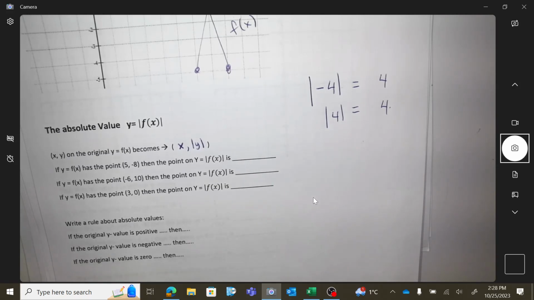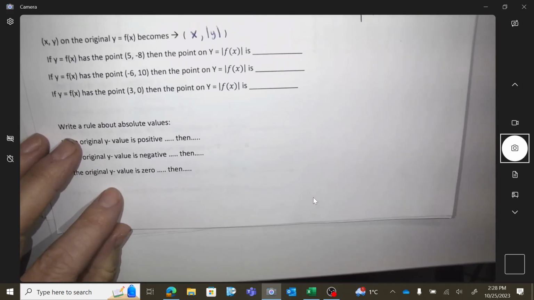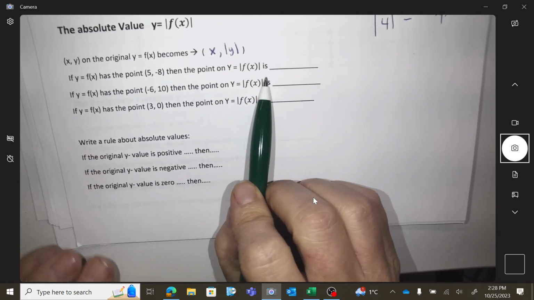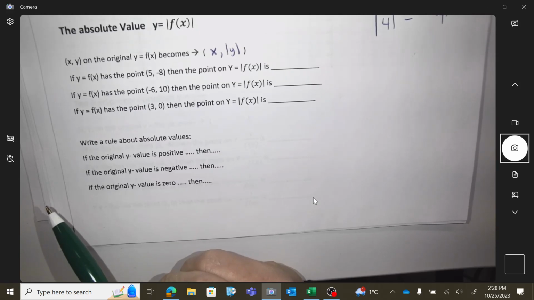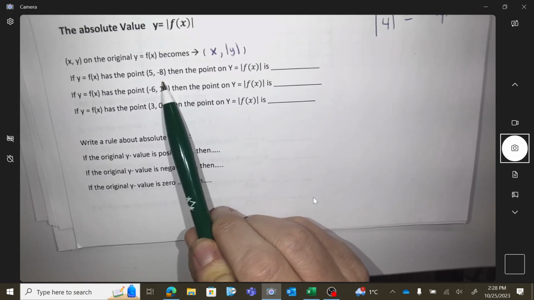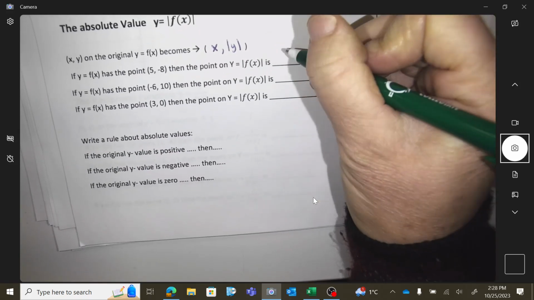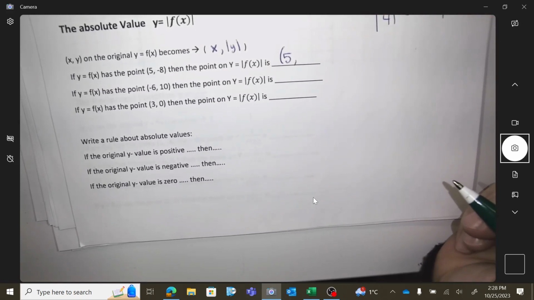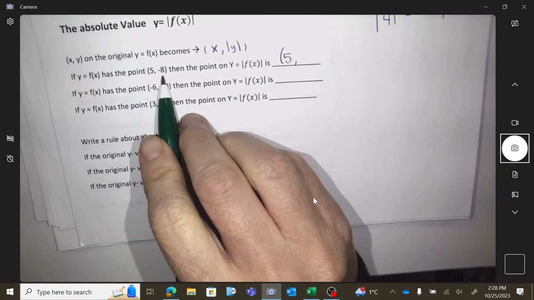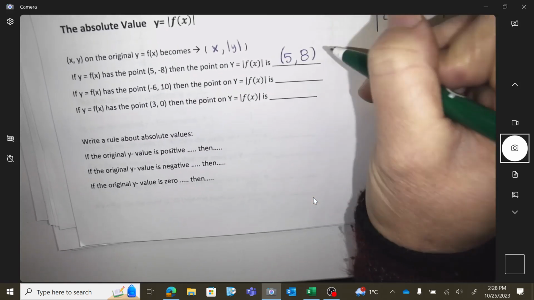Okay? Okay, so what is the new point? So if this is your original, what is your new point if it's transformed? New point is going to be, so nothing happens to x at all. And then what's the absolute value of -8? +8.